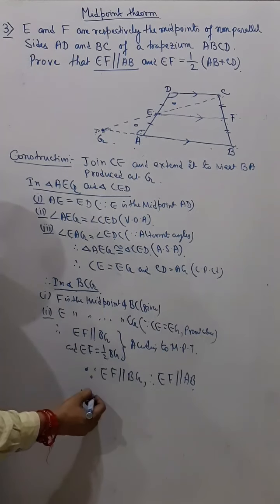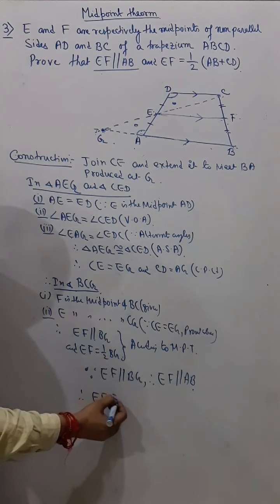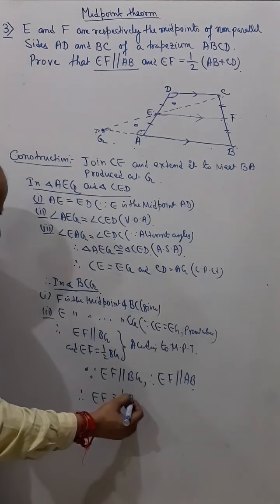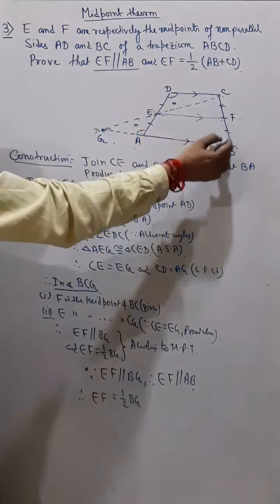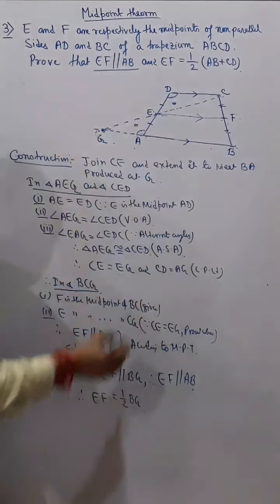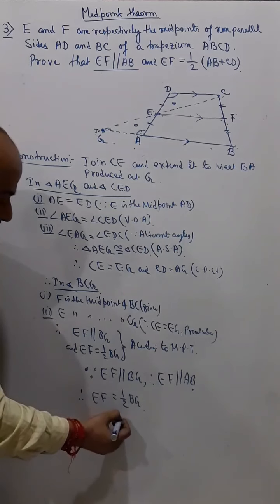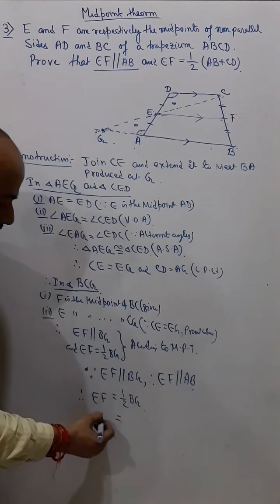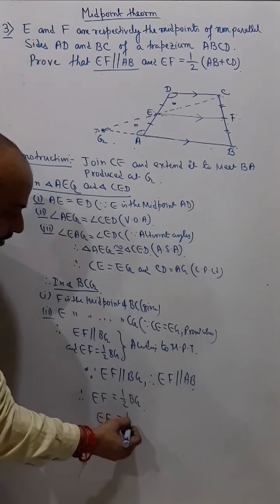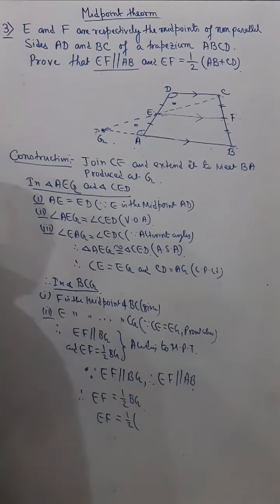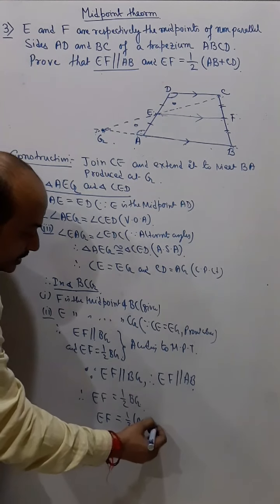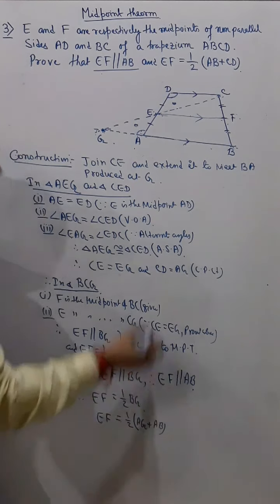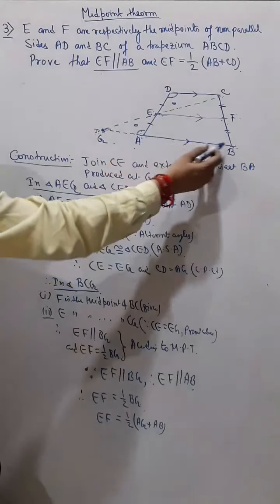Also we can say that EF is equal to half of BG, and now if I split this BG, I can say it is AG plus AB, right? GA plus AB.